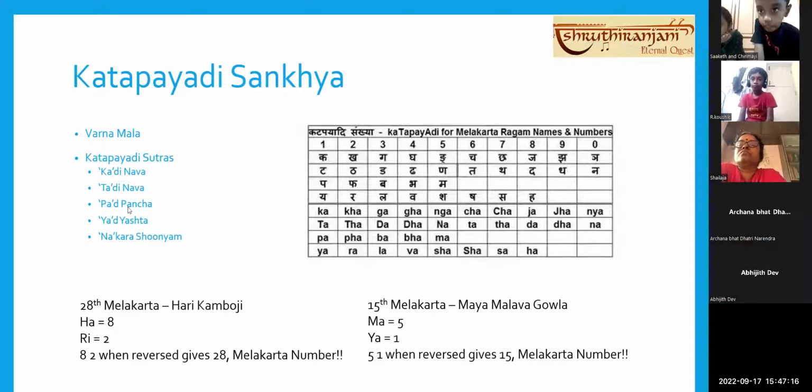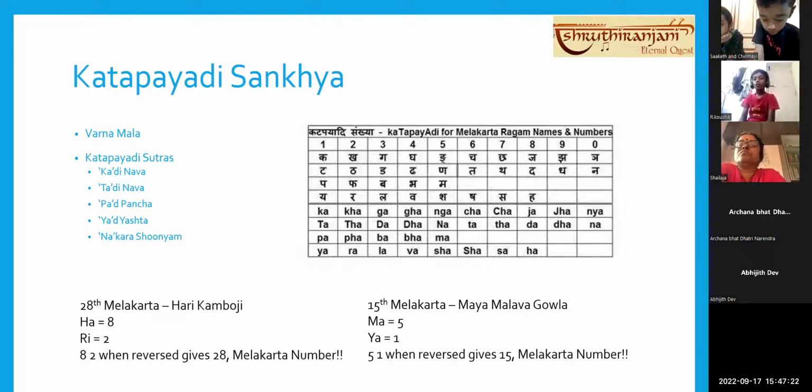Okay. So these are the Katapayadi Sutras. Kadi Nava. Ka Adi Nava. That means starting from Ka, Nava is 9. Start from Ka and count 9.